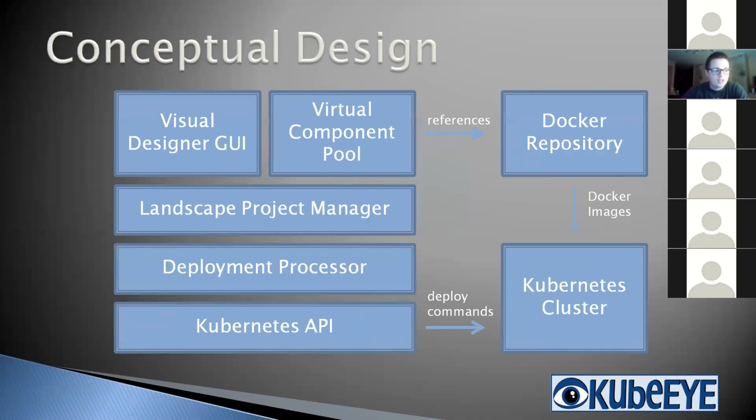These virtual IT components are an abstract term for some things I will show you in a demonstration later. Basically, virtual IT components have references to Docker images in a Docker repository, which is not part of the KubeEYE application. It's just referencing an external Docker repository like Docker Hub.